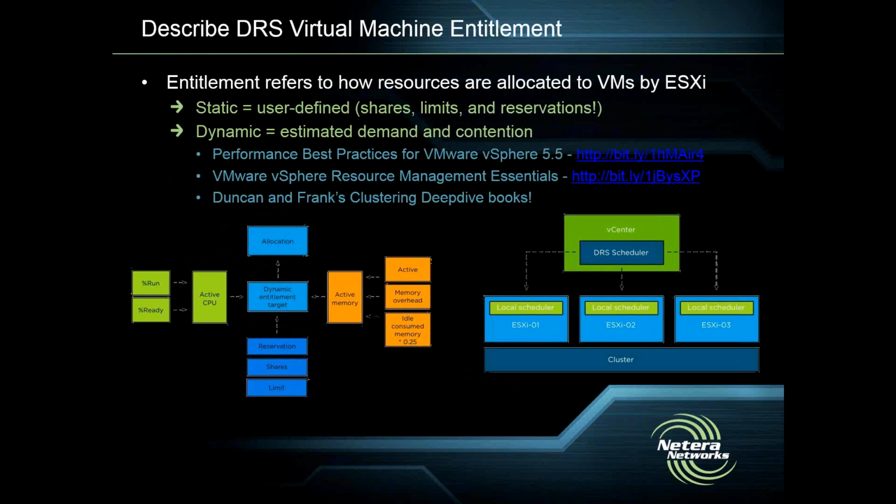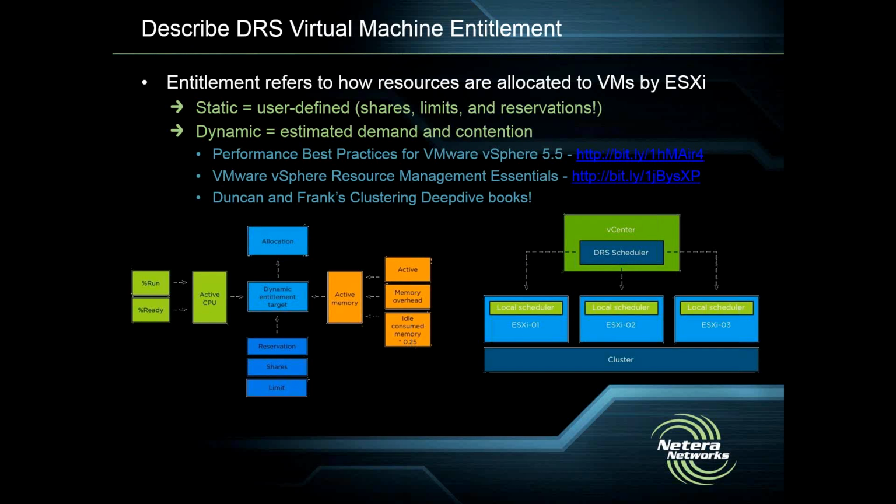The two metrics that vSphere uses to determine how much CPU the VM is requesting are percent run and percent ready.